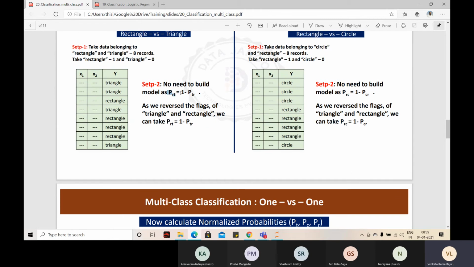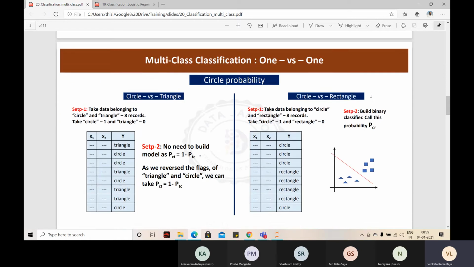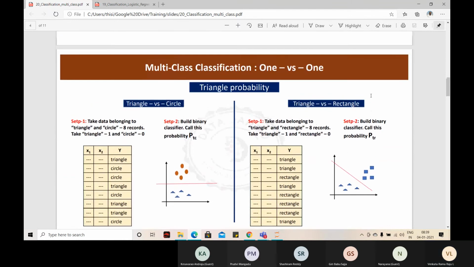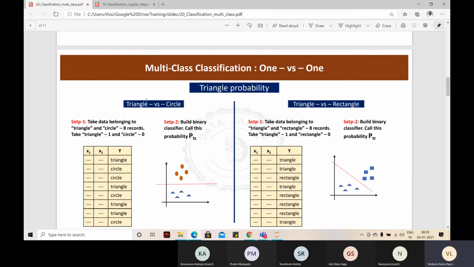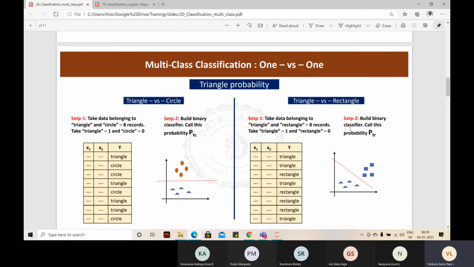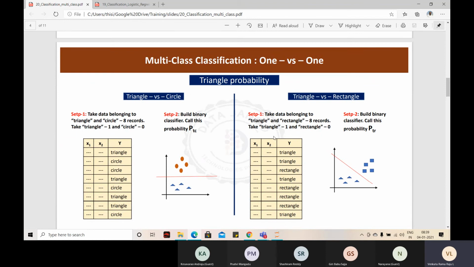Probability of rectangle versus triangle is equal to 1 minus probability of triangle versus rectangle. Probability of rectangle versus circle is equal to 1 minus probability of circle versus rectangle. You can take the average of this probability and this probability. If it is 0.9 and 0.9, you will get 0.9. That means the record belongs to triangle. Got it?